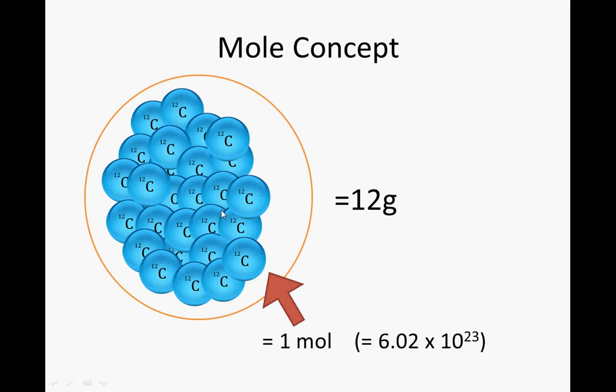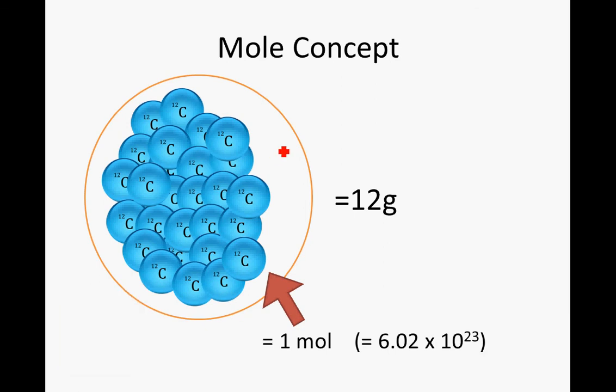Okay, after you know this mole, then even next time it is not carbon atom, if it is like oxygen, if it's 16 oxygen, then 1 mole of 16 oxygen will equal how many? It will equal 16 gram.